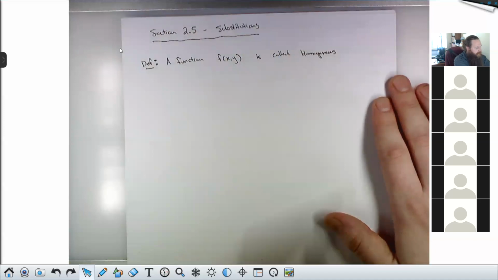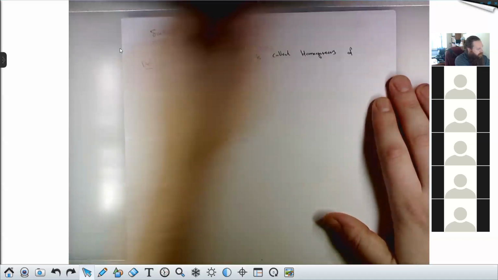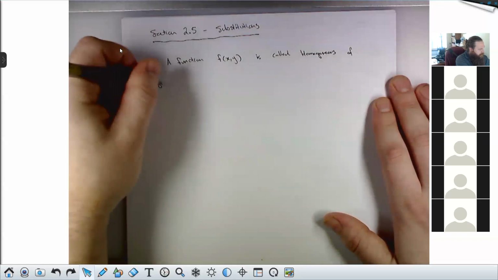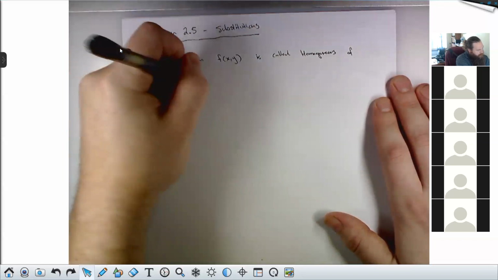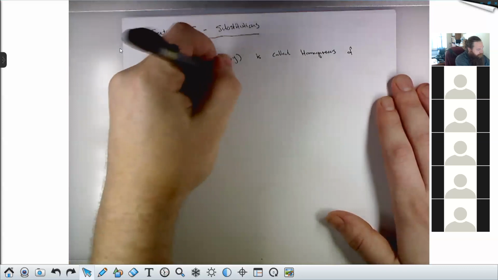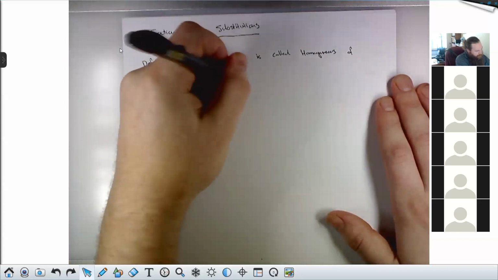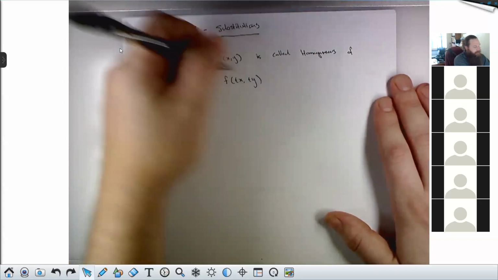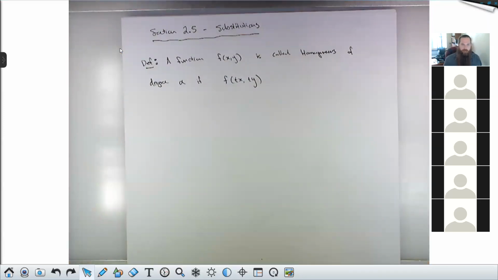Homogeneous of degree alpha, of order alpha, if when you swap x and y for tx and ty, in other words, if you kind of scale the x-y axes, again, those of you who have taken Calc 3 have this understanding of functions of multiple variables.